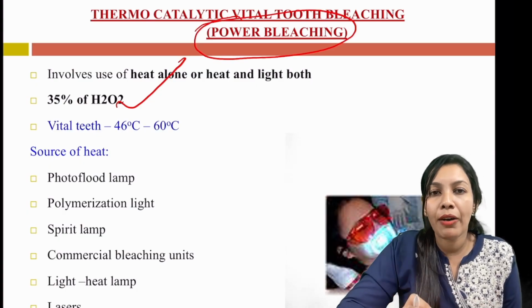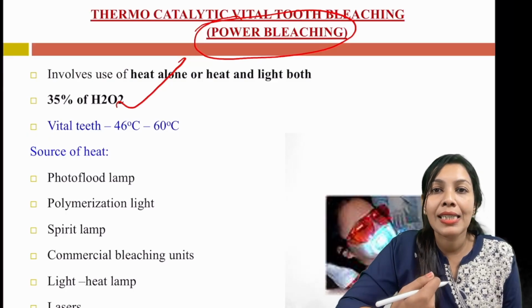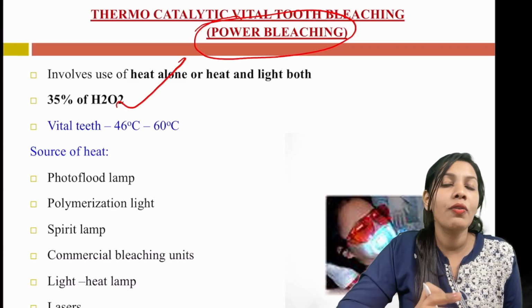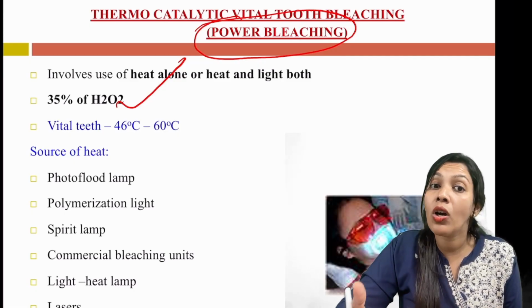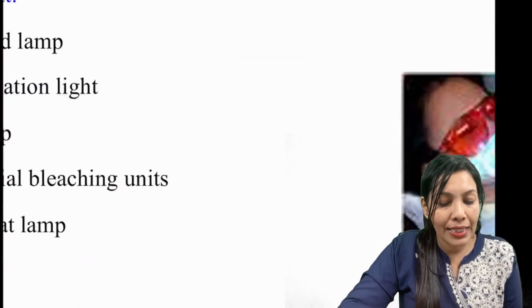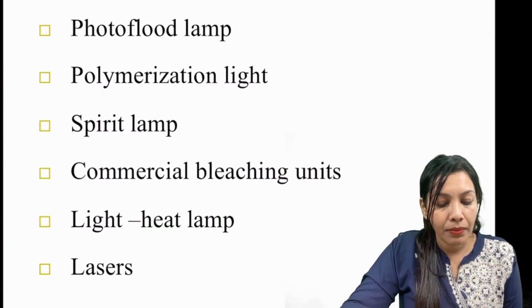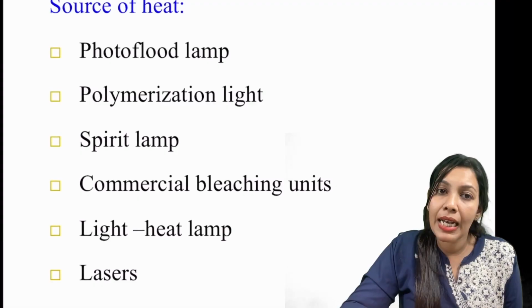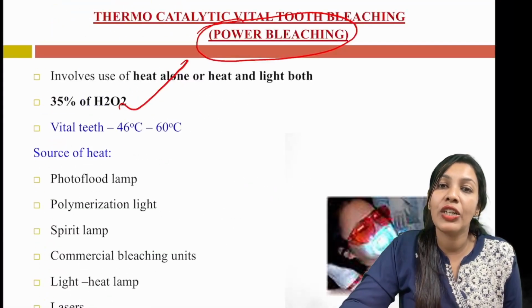You know, certain power is used for activating the bleaching agent on the tooth surface. So we can use either light or heat, or a combination. The lights commonly used are laser lights, light heat lamps, spirit lamps, polymerization light, bleaching unit, etc.